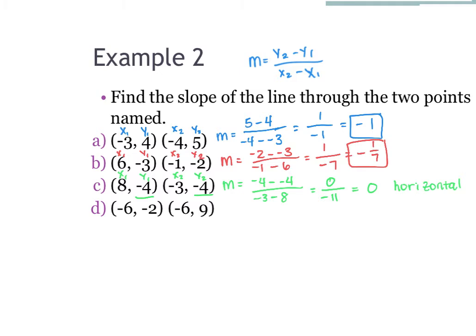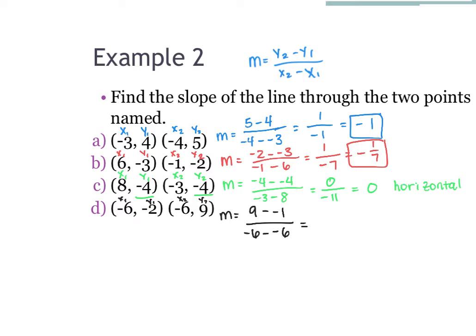Okay. And lastly, let's do negative 6, negative 2, negative 6, and 9. So this will be our x1, this will be our y1, this will be our x2, and this will be our y2. So m is equal to y2, which is 9, minus negative 1, which is our y1, and then we have negative 6 minus negative 6.